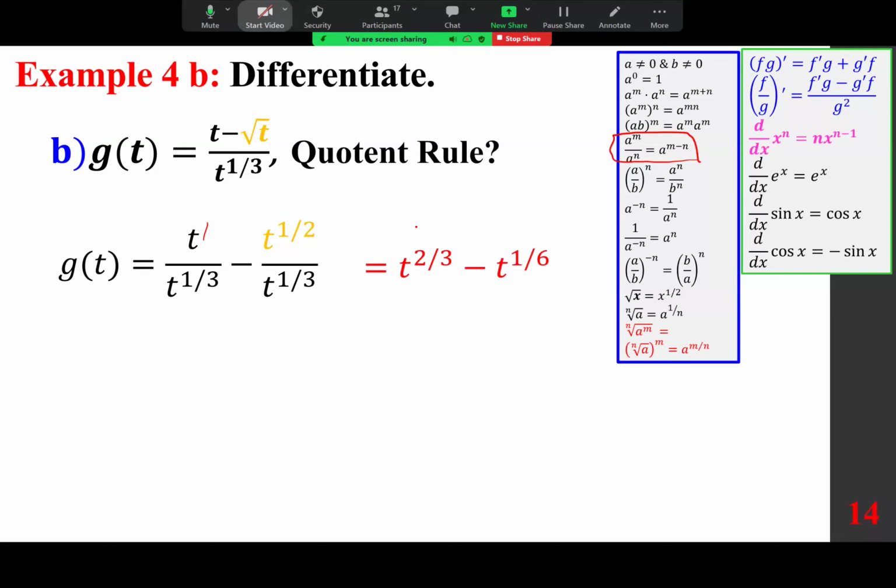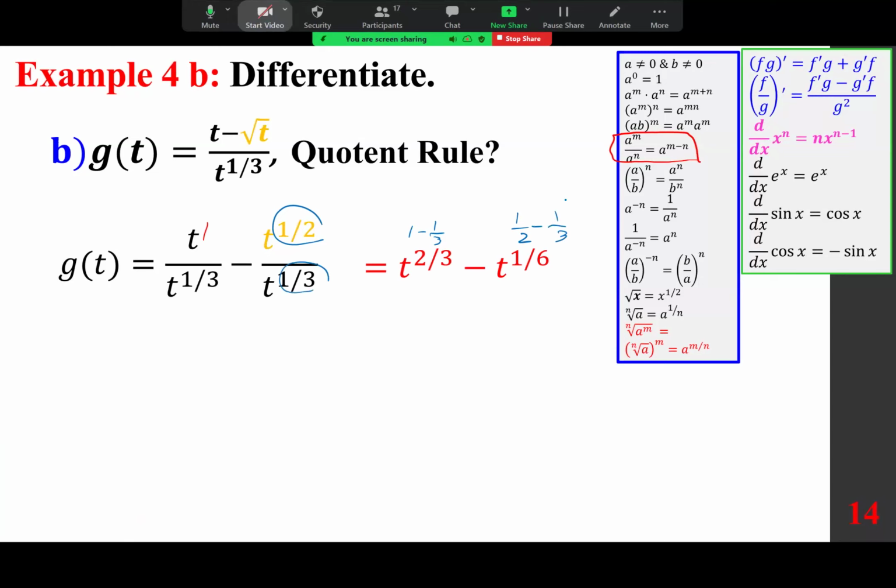So 1 minus 1/3 results in 2/3, and 1/2 minus 1/3 results in 1/6.